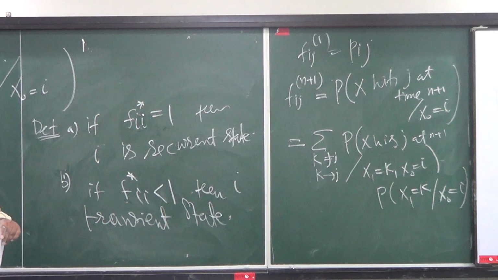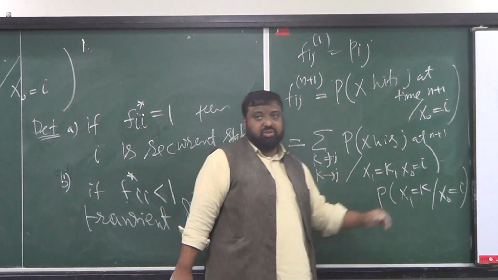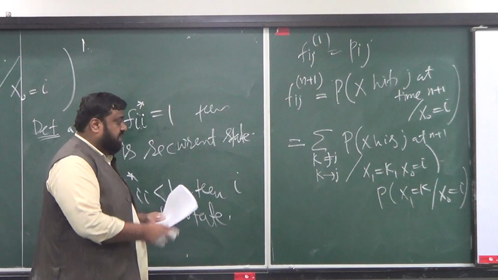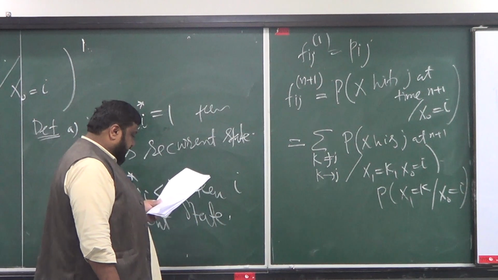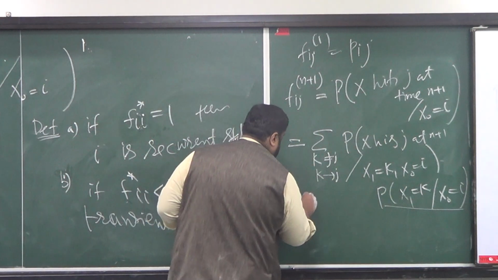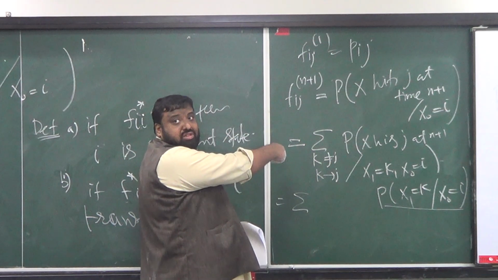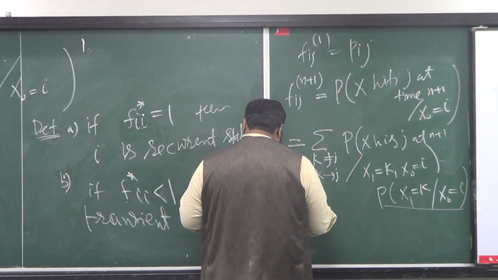Okay? So writing this is a product of two conditional probabilities. Right? What is this guy? So this sum, I'm not writing it, but we have to assume all this stuff is here, is going to be what?